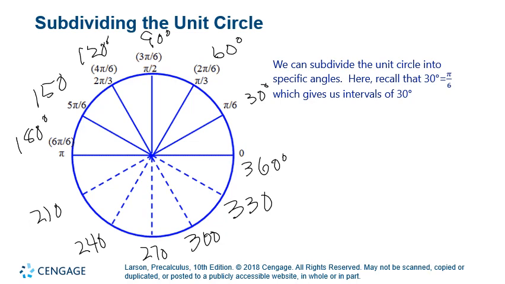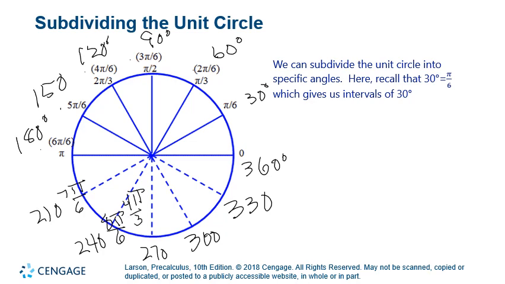Notice that we've also done this in radians, so we can remember these in radians pretty easily by thinking pi over 6, 2 pi over 6, 3 pi over 6, and then reducing them. So 2 pi over 6 reduces to pi over 3, or 1/3 pi. 3 pi over 6 reduces to 1/2 pi, and so forth. 4 pi over 6, 5 pi over 6, 6 pi over 6, and then 7 pi over 6, 8 pi over 6, which reduces to 4 pi over 3, and so forth.